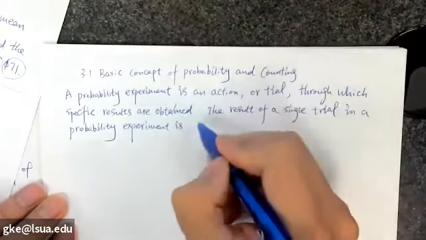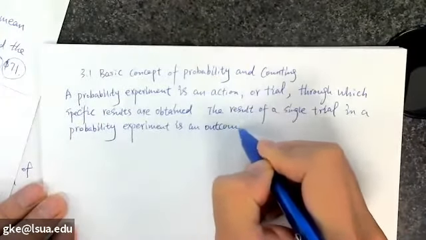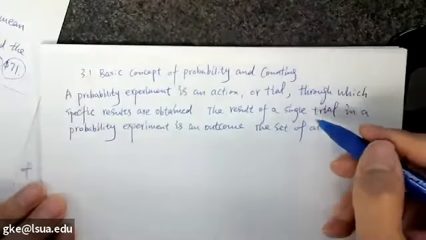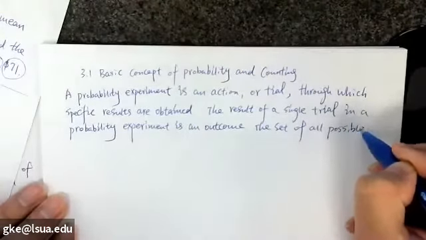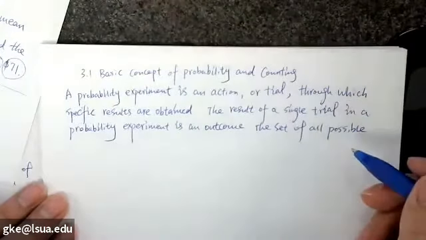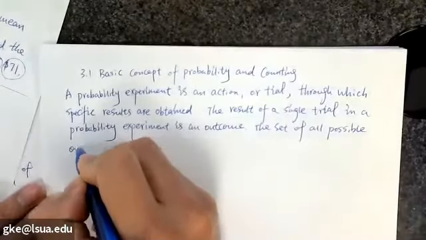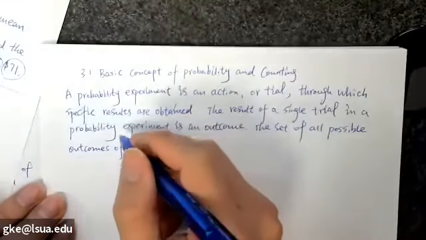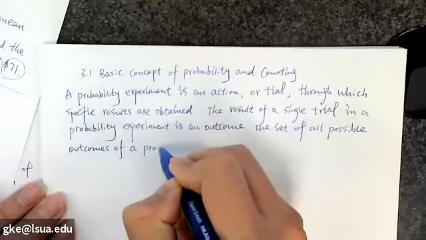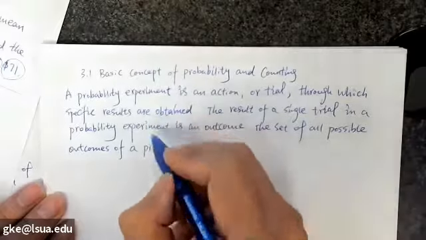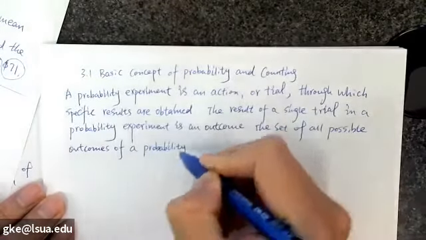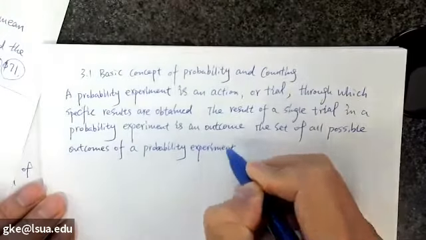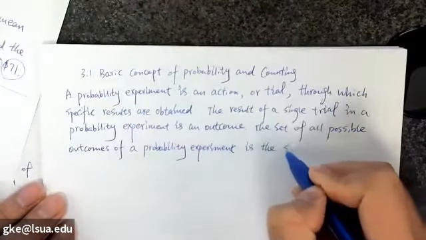The set of all possible outcomes of a probability experiment is the sample space.